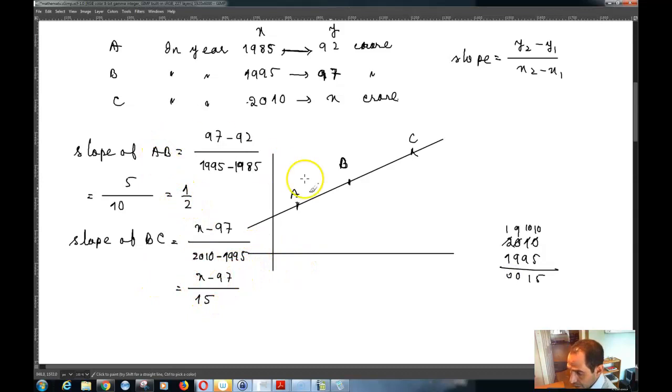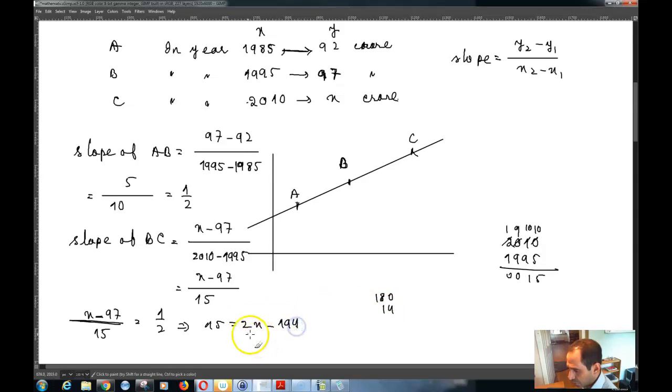So since the slope of these two line segments is supposed to be the same, I can write x minus 97 over 15 is equal to 1/2. So if I cross multiply, I get 15 is equal to 2x minus 2 times 97, which is 194.